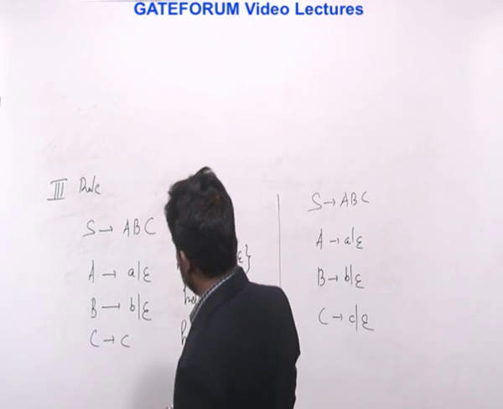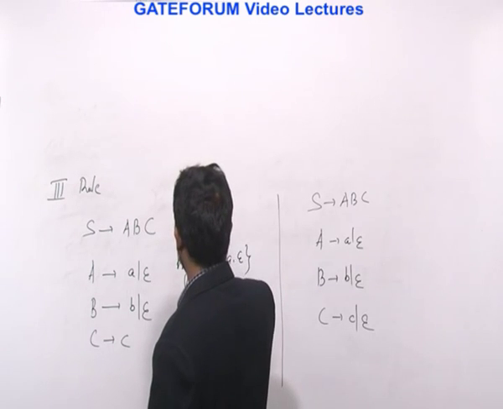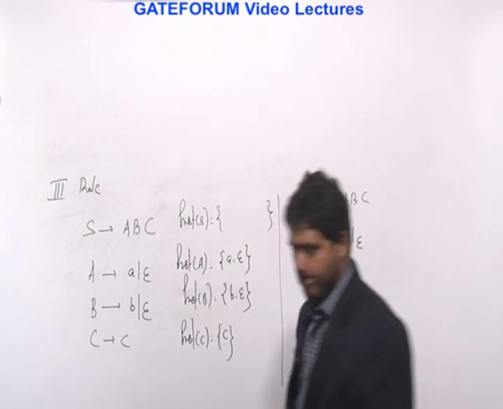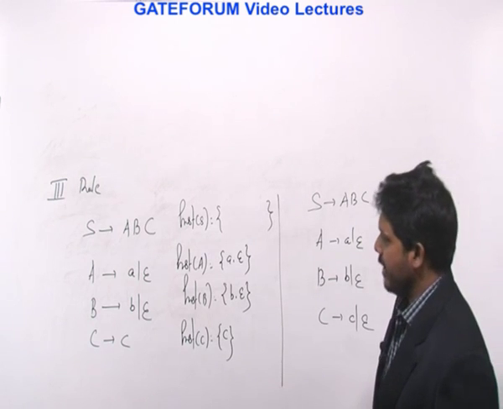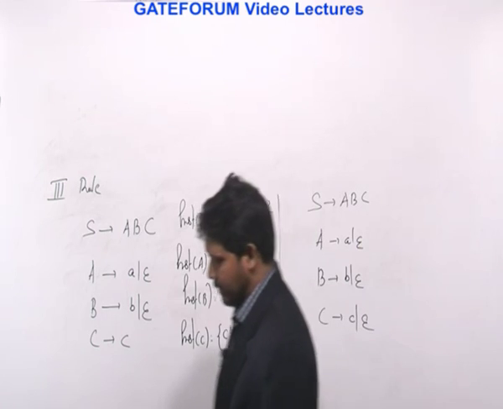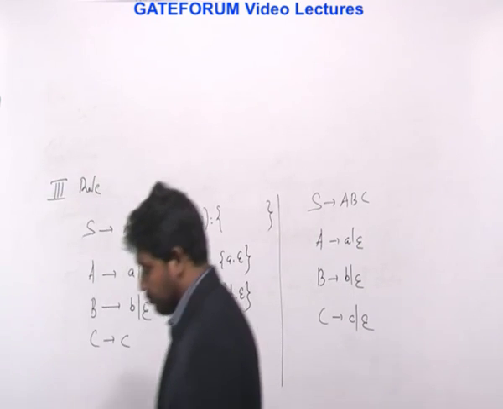Okay, now the problem is, what is first of S? Now, what was the previous rule saying? You have to be careful because this is the only slightly tricky one, otherwise the rest of the rules are very simple.